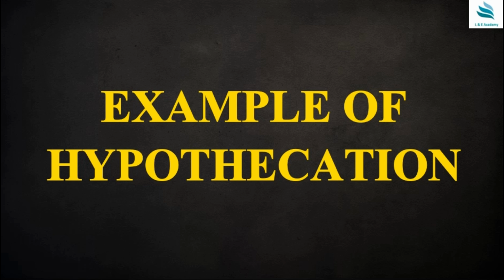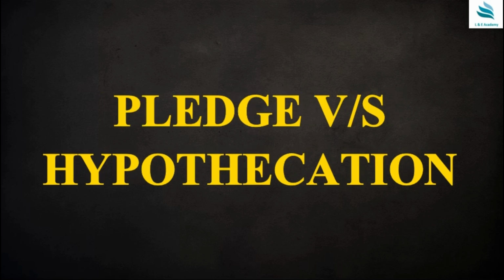Now, let's talk about pledge. Pledge seems to be similar as both are types of charge created on movable asset, but there is a difference between pledge and hypothecation. So, what is the difference? Pledge is something wherein you give the possession to the bank.